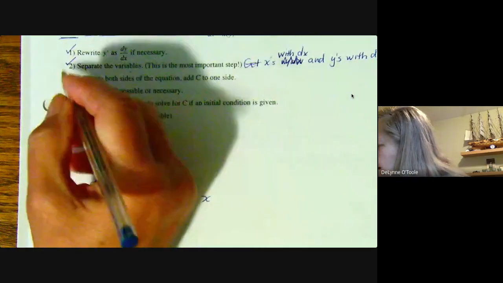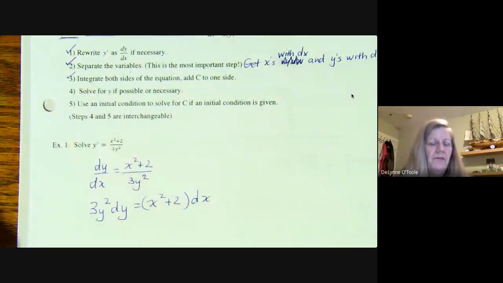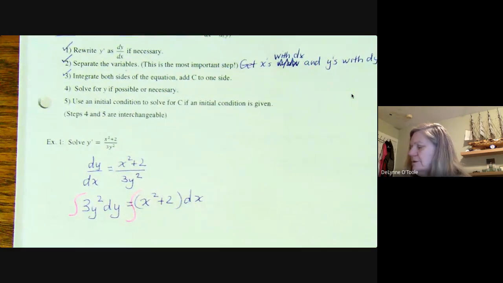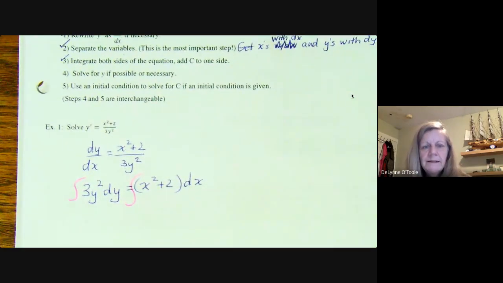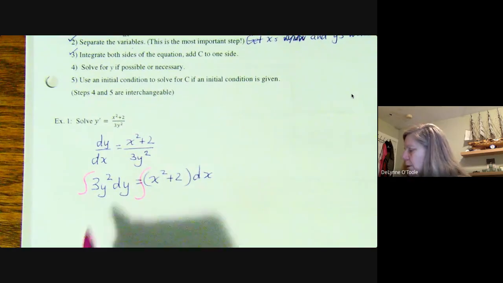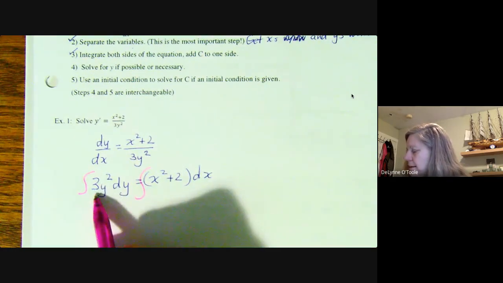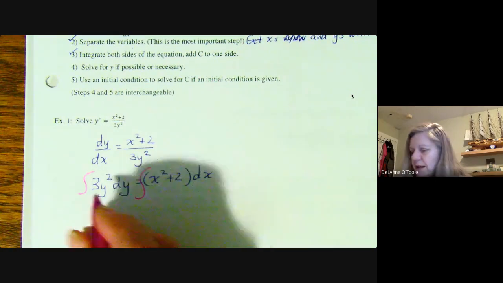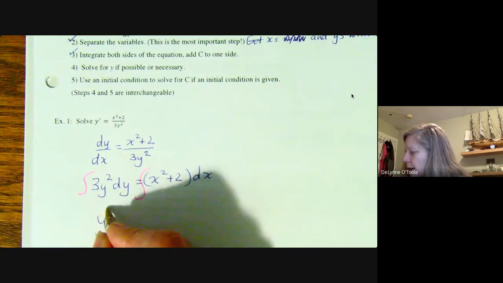Step 3, now you're going to integrate both sides. No new integration technique. These are the same integration techniques that we've been doing in this class. This one is a straightforward reverse power rule. If I integrate this, I increase the exponent by 1, divide by the new exponent, and that just becomes y to the 3rd.